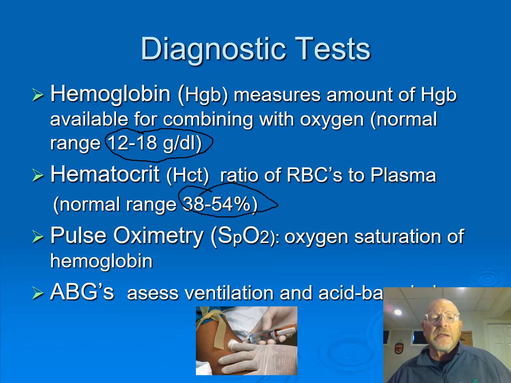So for a hemoglobin level, normal is 12 to 18, and that's a broad range, as I said, probably low female to high male range. So 12 to 18. Hematocrit. What is hematocrit? Hematocrit is a ratio.